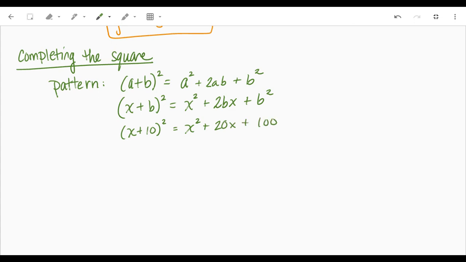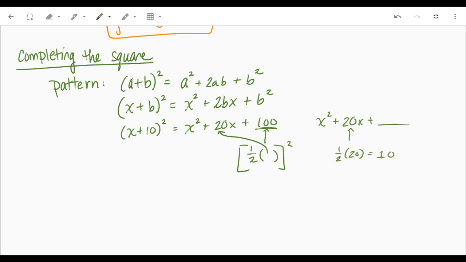What you'll notice here is that this number is always 1/2 of this number squared. So what these are going to do is have you fill in the blank. They'll give you something like x squared plus 20x plus blank, and you fill in the blank. All you need to do is take half of this to get 10, and then square 10 to get 100.